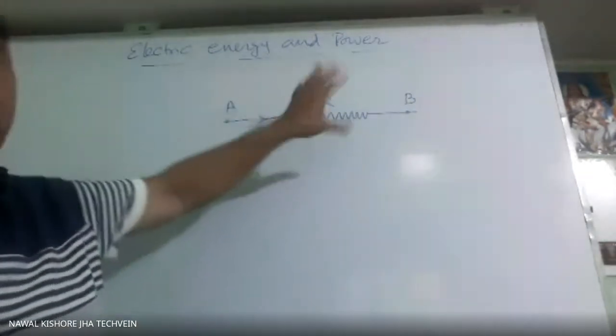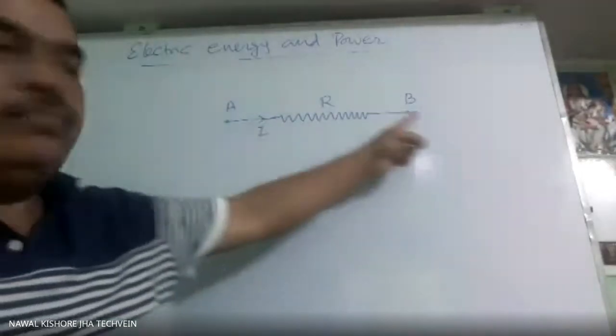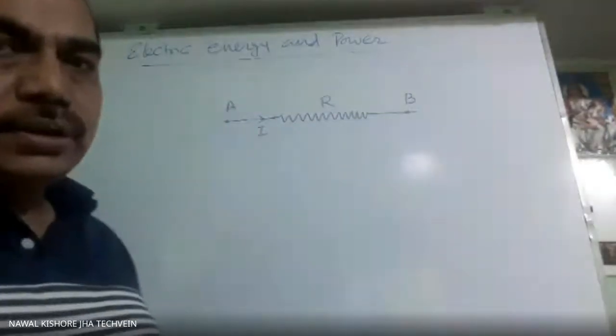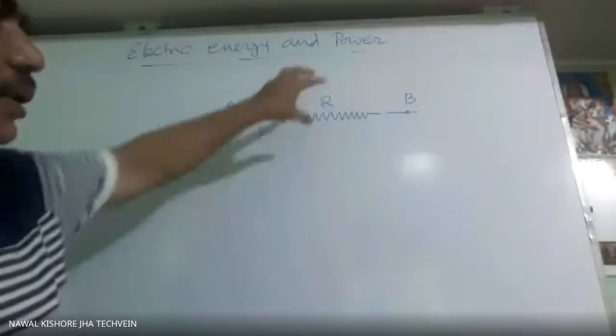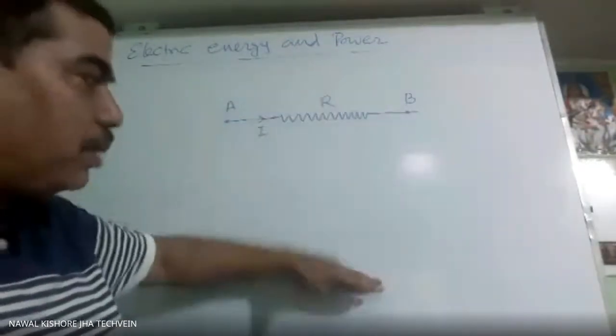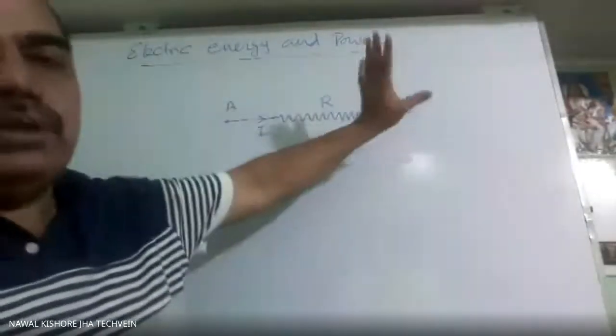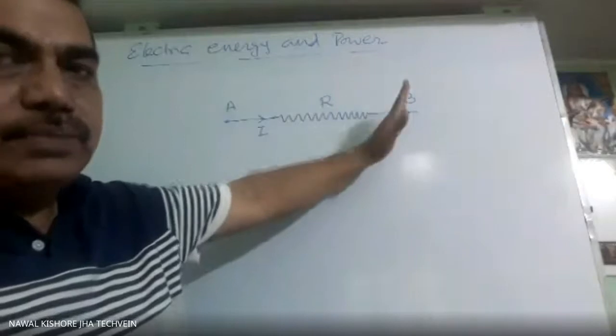What will be the work done by the source in flowing this charge? That much energy will be dissipated here, or that much work will be done by the source in flowing charge in this part only.